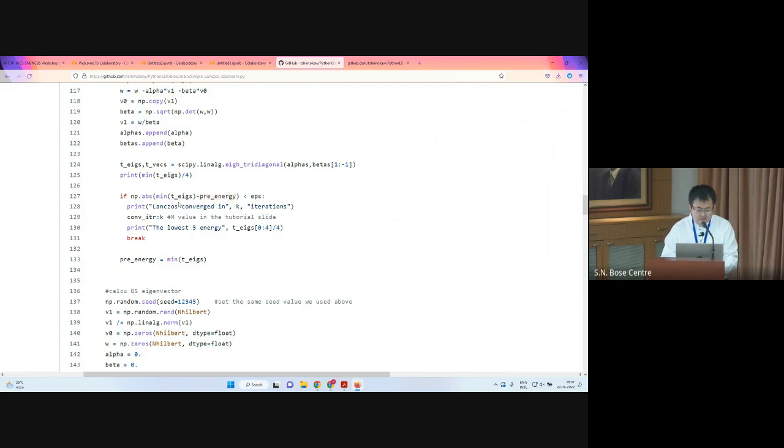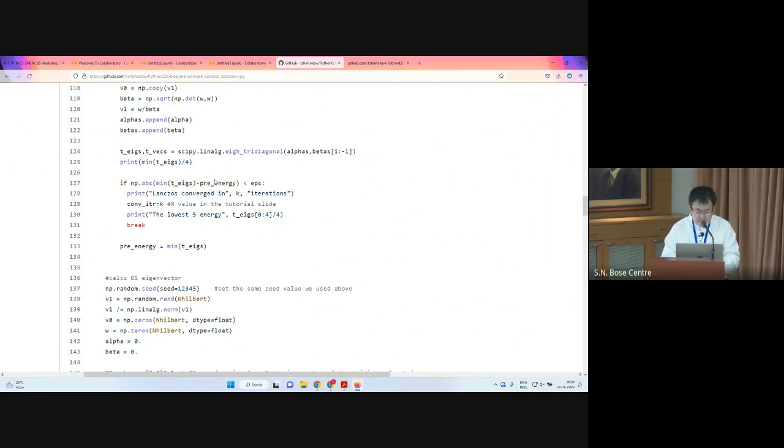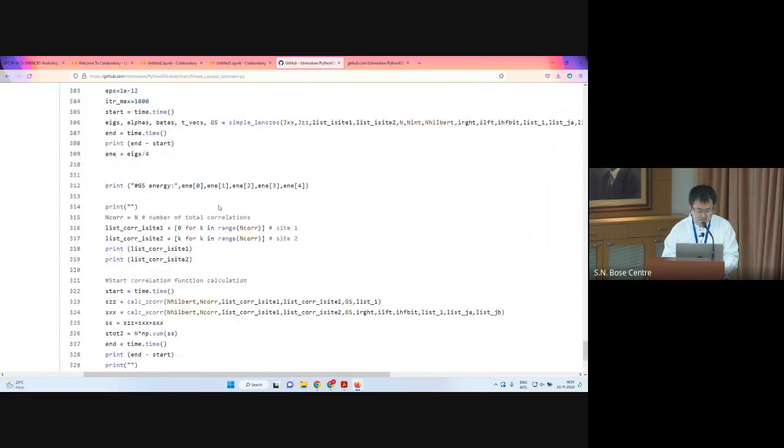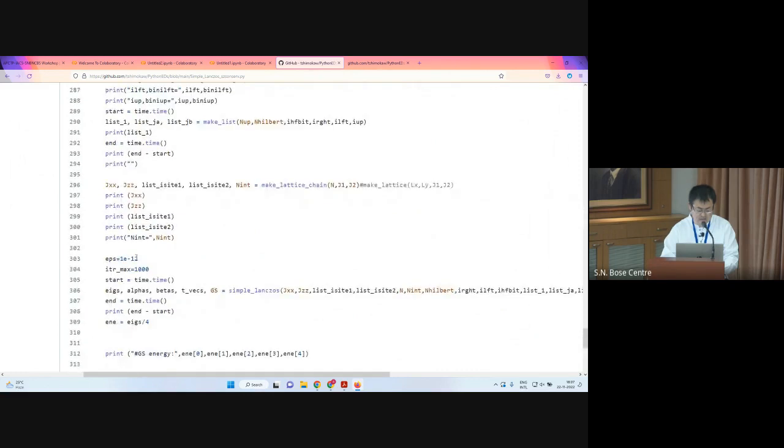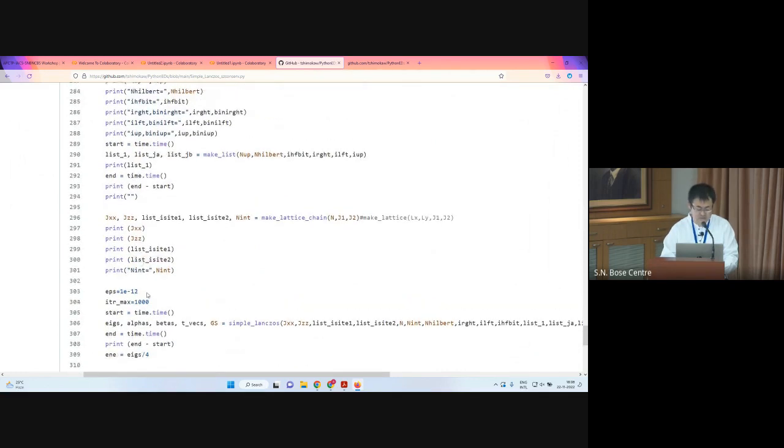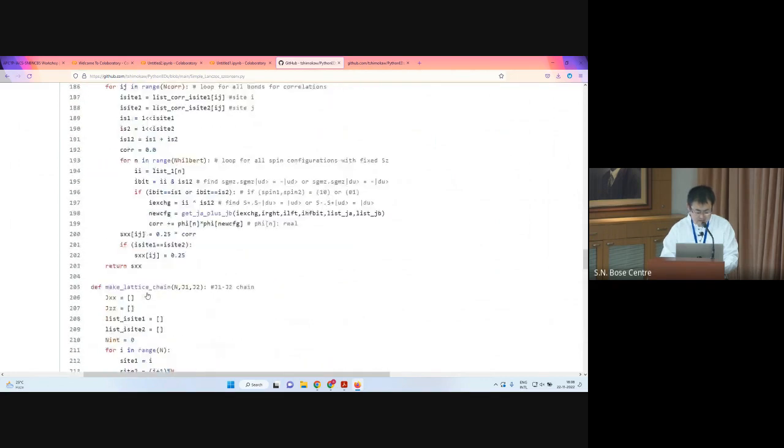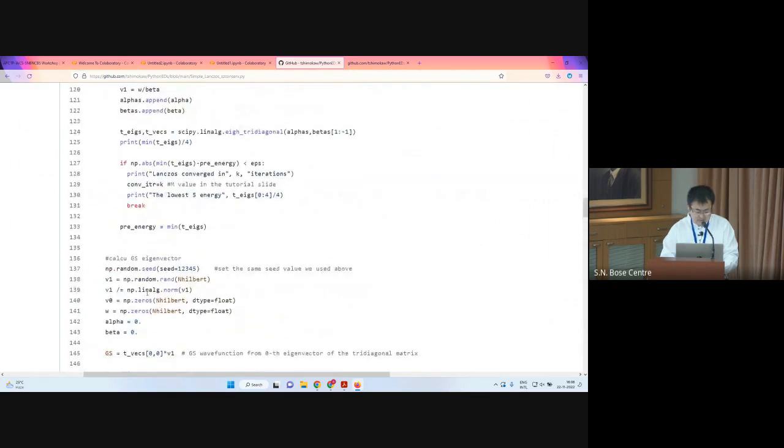And of course, the difference between the previous eigenvalue and the current eigenvalue is smaller than this EPS. EPS is defined here as a very small number. That means it is the convergence parameter.